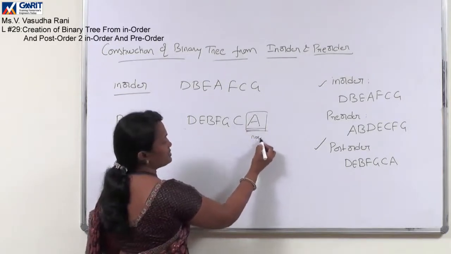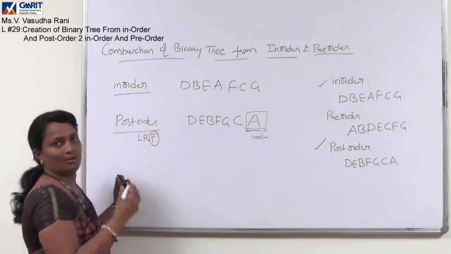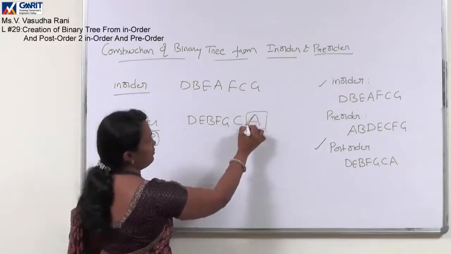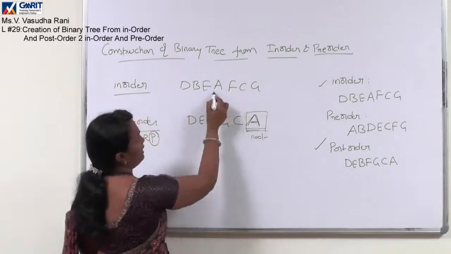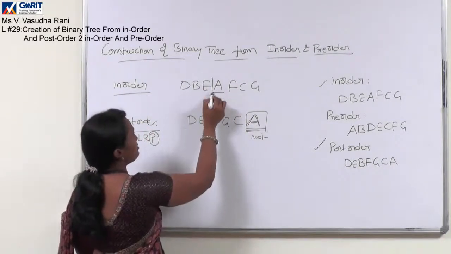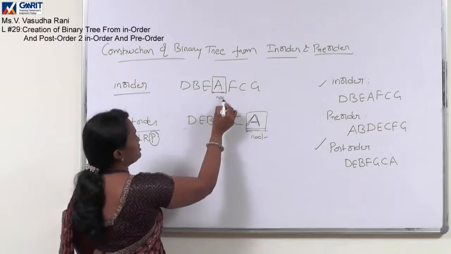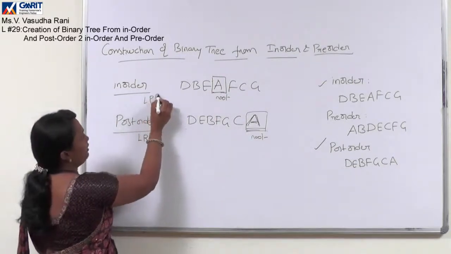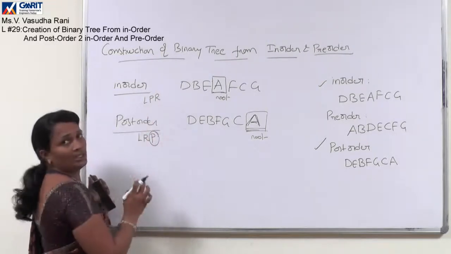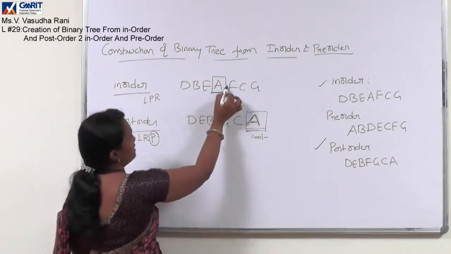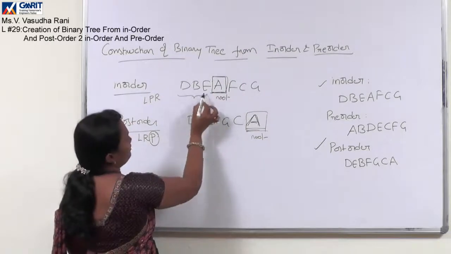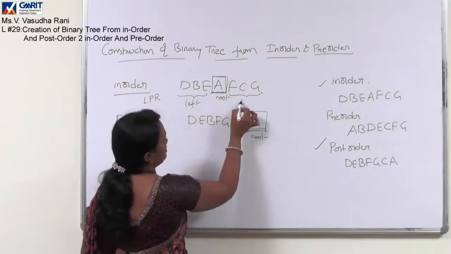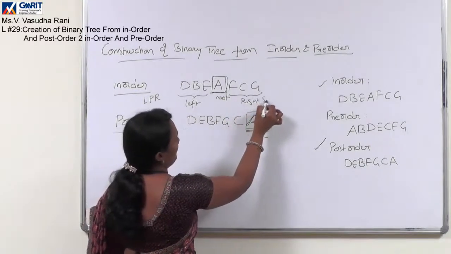So we can observe this is the highest parent of all the nodes, nothing but the root. For the same node you can find it in the in-order traversal. As in-order follows the sequence left, parent, right, and this is identified as the root, the left part of it is the left subtree and the right part of it is the right subtree.